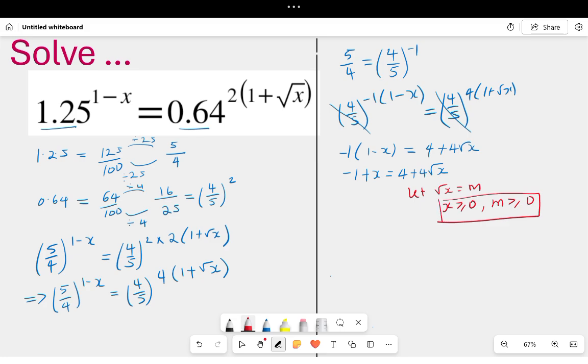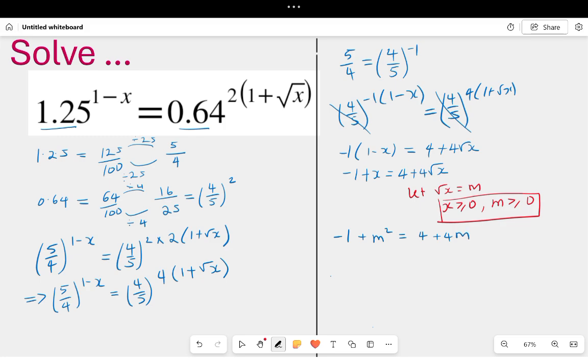All right, now next, therefore, we are going to rewrite the equation in terms of m. So minus 1 plus m squared is equal to 4 plus 4m.